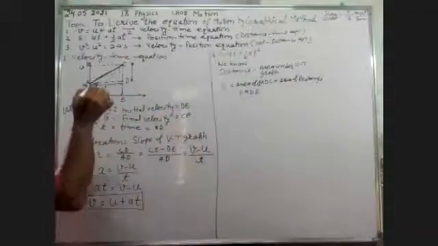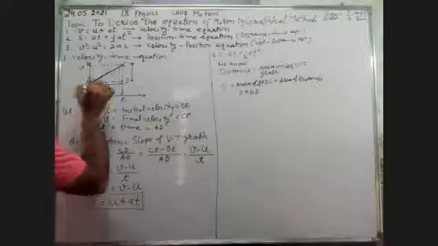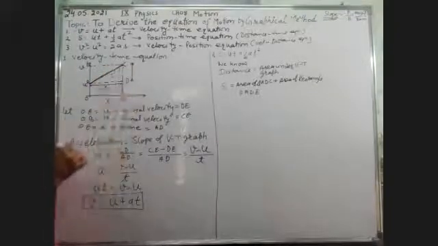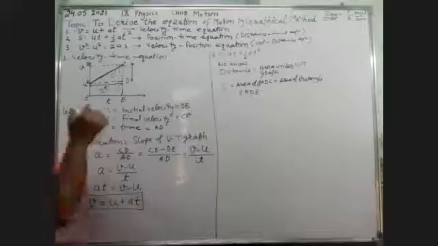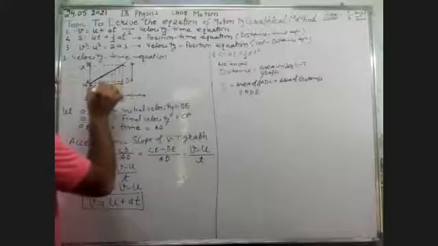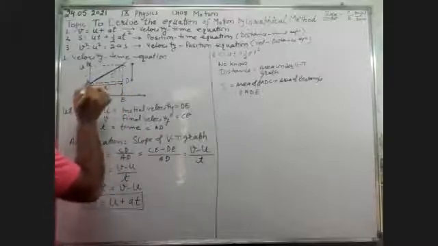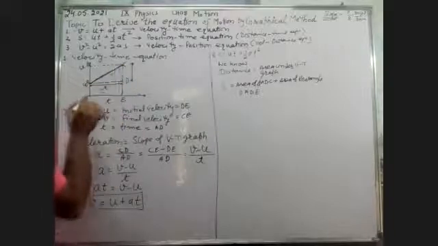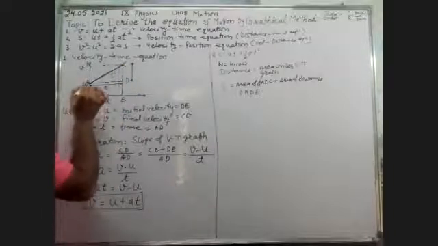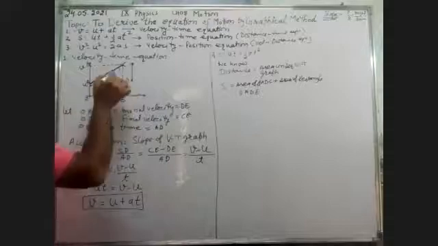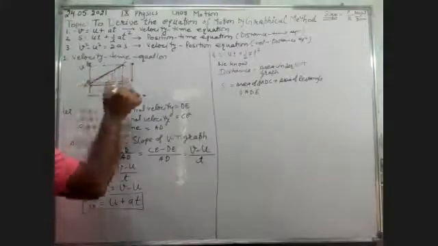Again, look carefully. We have to calculate this OACE. This area we have to calculate. And this area is made up of two figures. One is a triangle ADC and the second is a rectangle OADE. So this area plus this area is the total area.